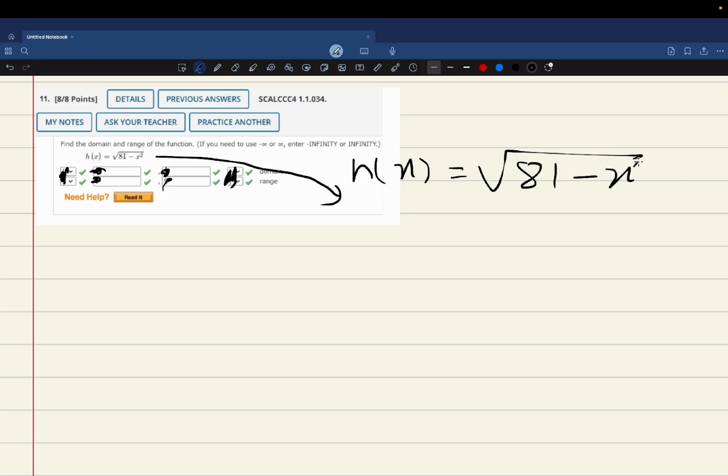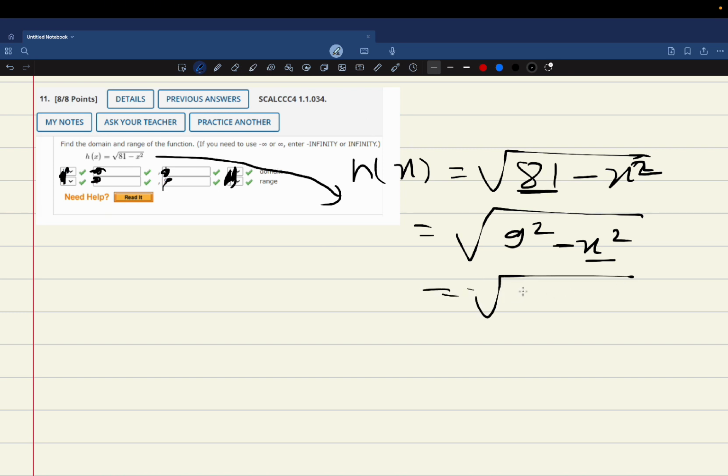For this we need to always look at the other values to figure it out. Here 81 means 9 squared, 9 times 9 is 81, and x is squared. Let's say we put here 10, so the value of x is 10. In that case it will be 81 minus 10 squared, which is 100. So 81 minus 100 is some negative number.